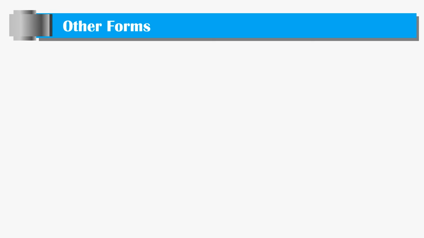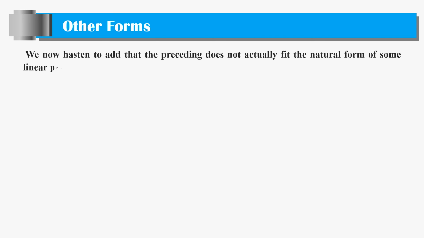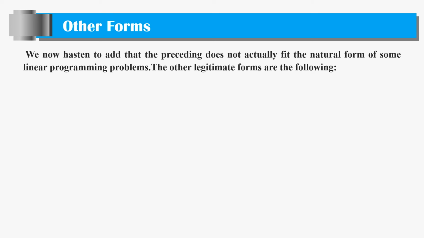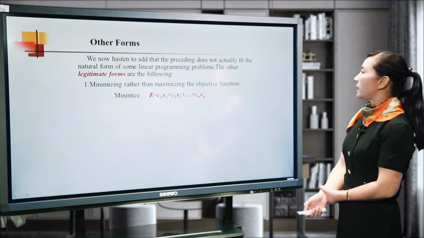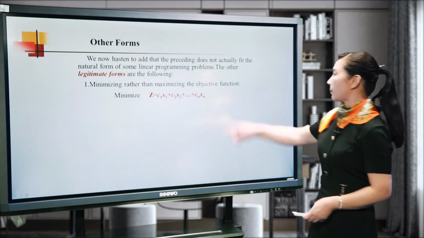Other forms: we now introduce other forms. We now hasten to add that the preceding does not actually fit the nature of some linear programs. The other legitimate forms are the following. That is, the objective may be to minimize rather than maximize.